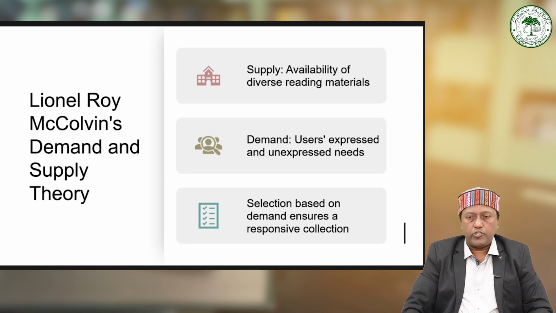This approach ensures that library collections remain responsive and user-centered, reflecting the evolving interests and needs of users over time. By focusing on materials that are in demand, librarians can maximize the usefulness and impact of their collections, ultimately enhancing the library's value and service to its users.